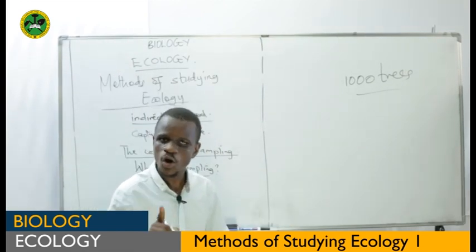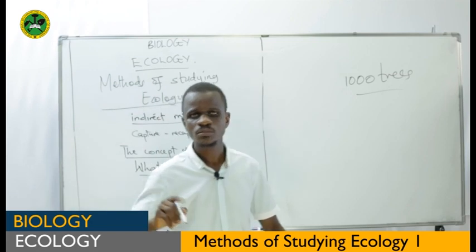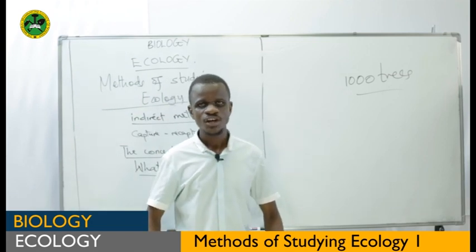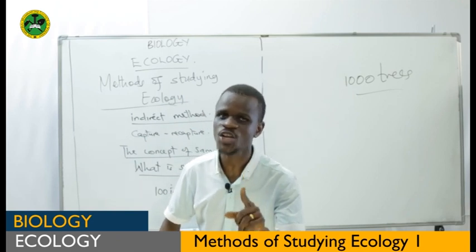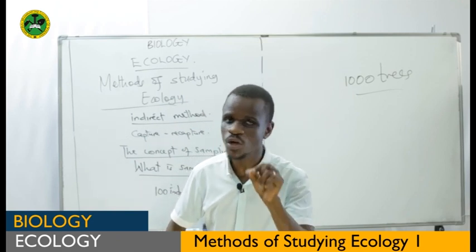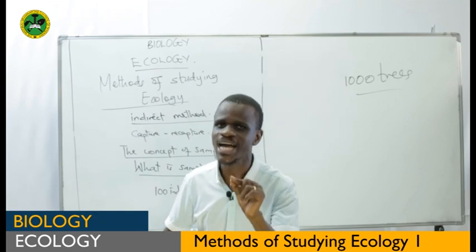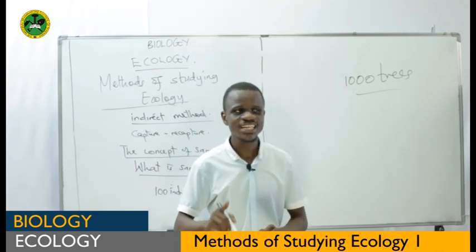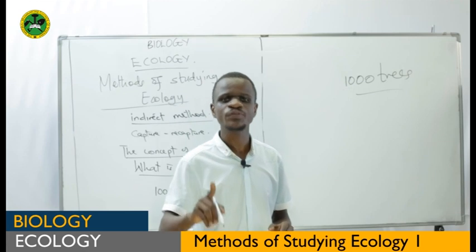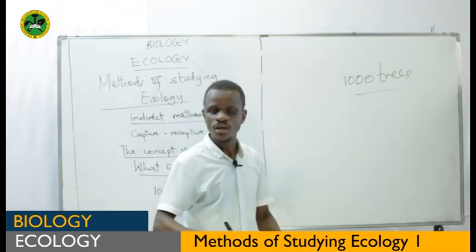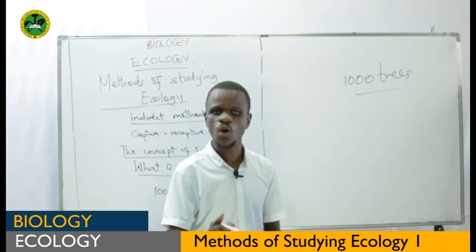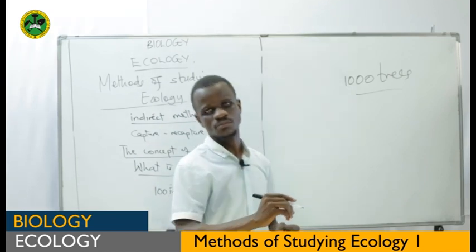Will you study all 1,000 trees? Really, it will take you time and it will cost you. But what you will do, you will select a sample. You will select a small number of trees. It will represent 1,000 what? Trees. Now the selected ones are called a sample.